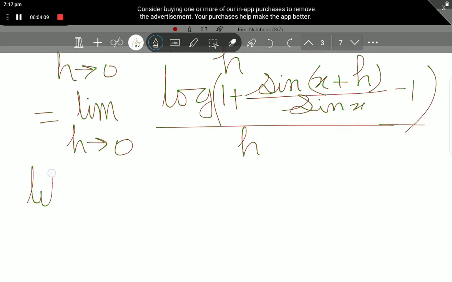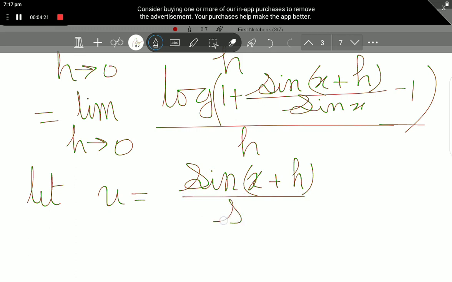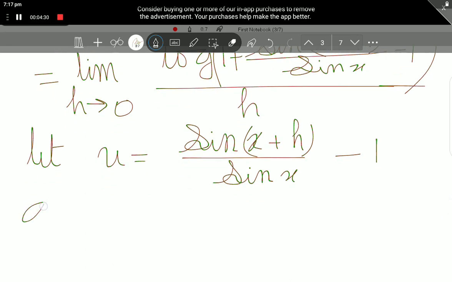Let u equal to sin of x plus h divided by sin x minus 1. Then as h tends to 0, u tends to 0. Well and good.